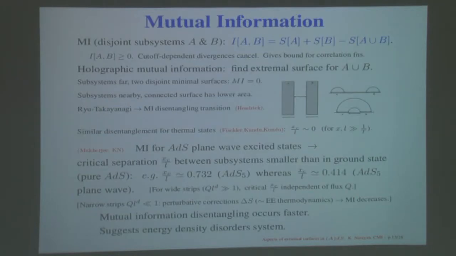So one can also study mutual information for these kinds of things holographically. Mutual information essentially is this linear combination that Rob was in fact talking about earlier. There are no cutoff independent divergences, they just cancel.